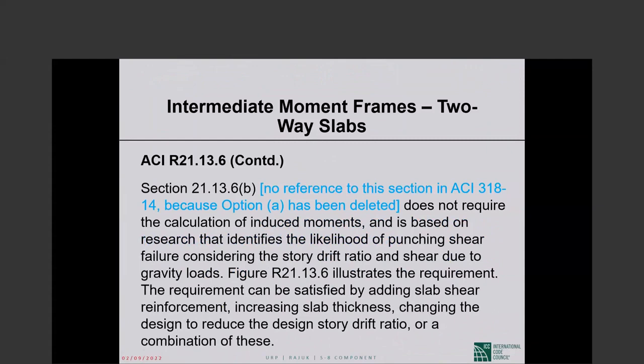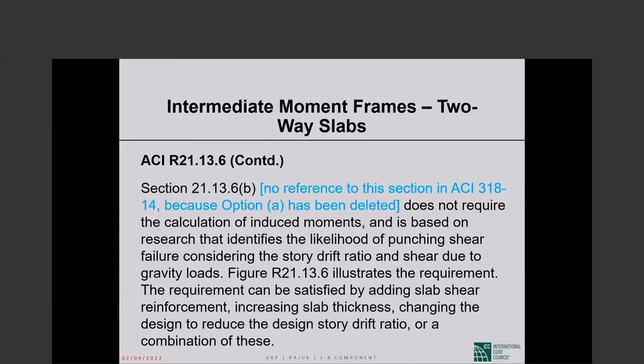There is in 318-08 an option A, which has now gone away. It went away in 2011, which says that if you do a deformation compatibility check and show that everything is fine, you don't. Anyway, the option A under 21.13.6 is a bad option.